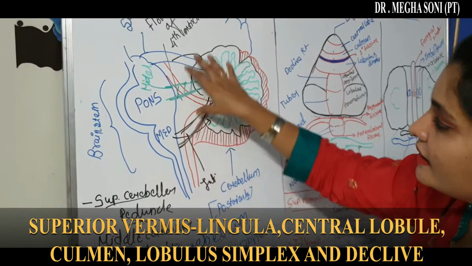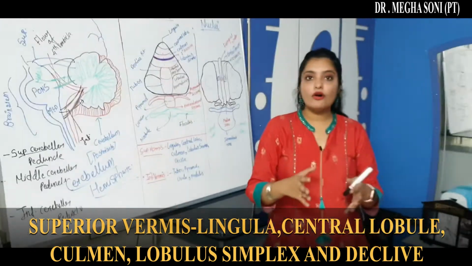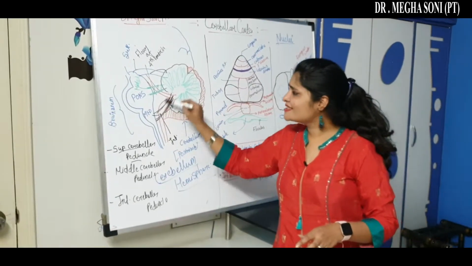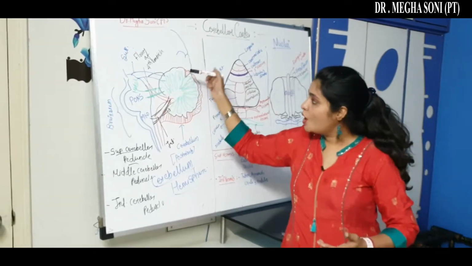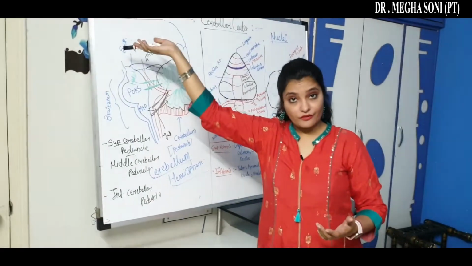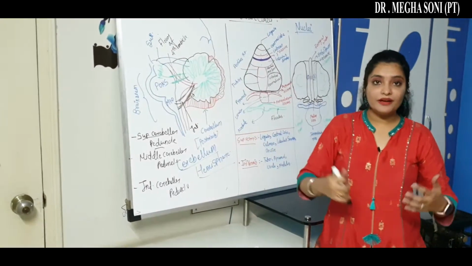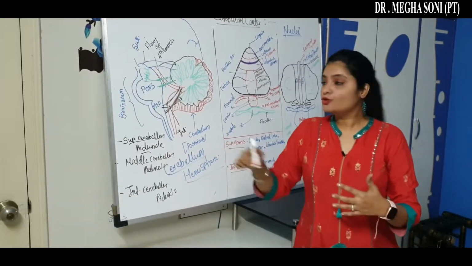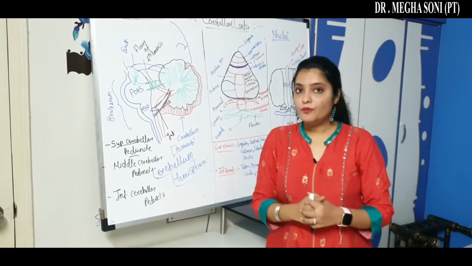Okay, so this peduncle are just made up of axon. They are bundle of axonal fibers and they just create pathway so that the Purkinje fiber can go from cerebellar to different part of our body, CNS structure, and the climbing and mossy fiber can enter to the cerebellar hemisphere from the periphery. So I hope you understood it.